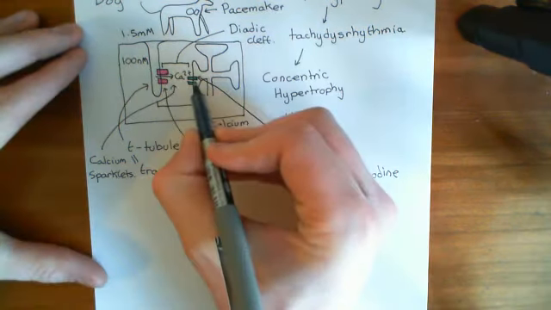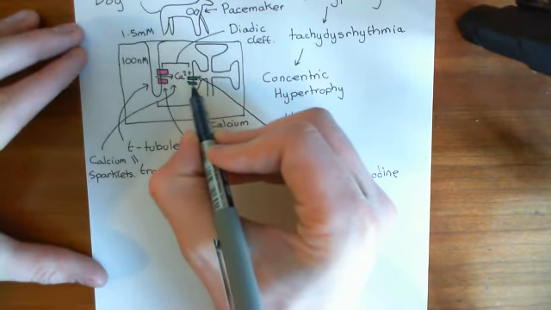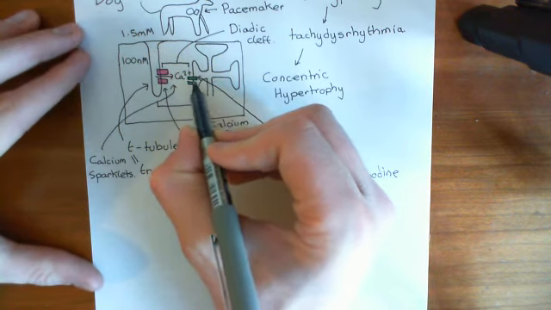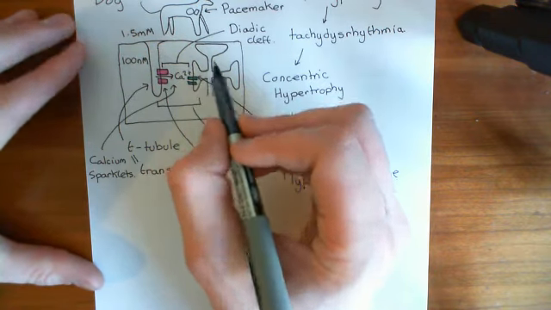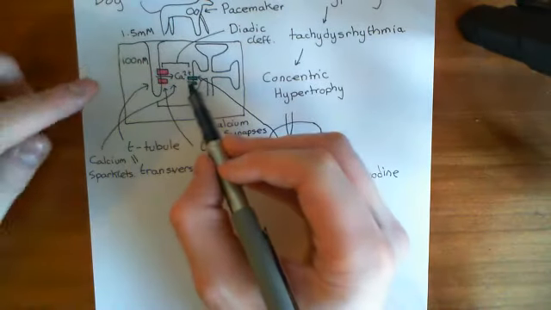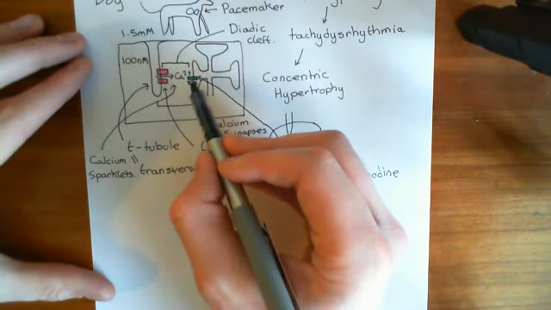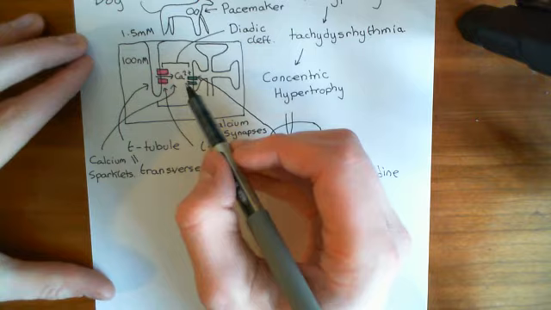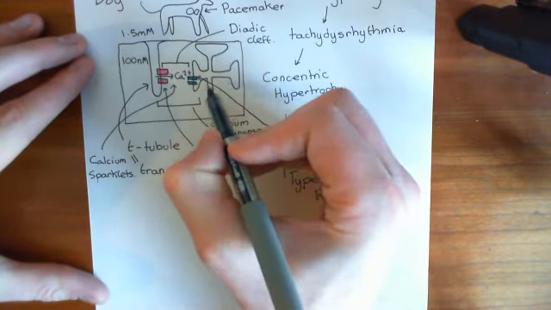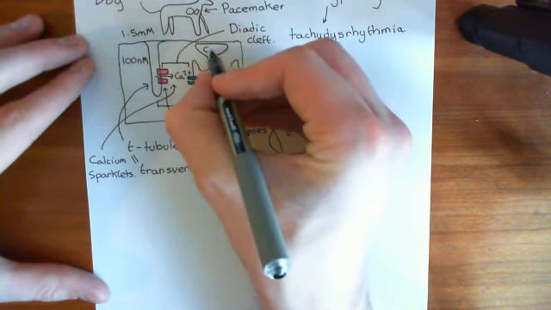And these calcium sparklets are going to amplify themselves basically by acting on the type 2 ryanodine receptors within the membrane of the sarcoplasmic reticulum. So the calcium is going to bind to the type 2 ryanodine receptors and cause them to open. And the sarcoplasmic reticulum is an intracellular store of calcium.